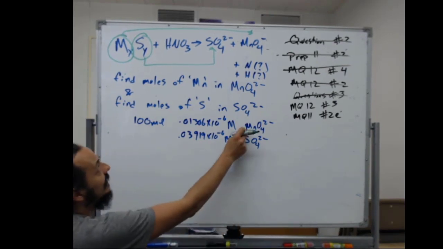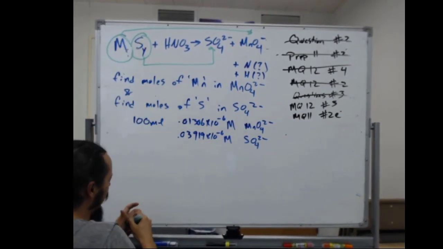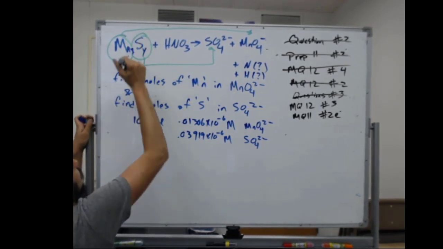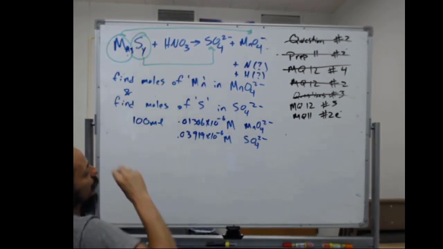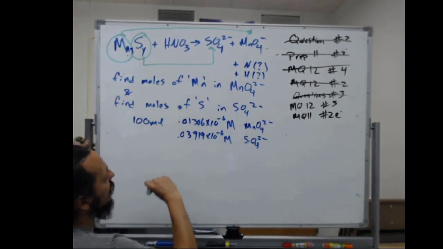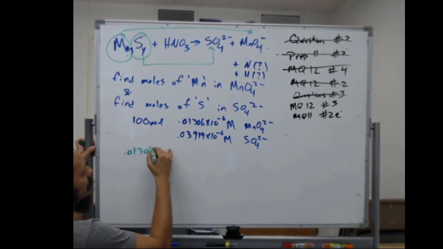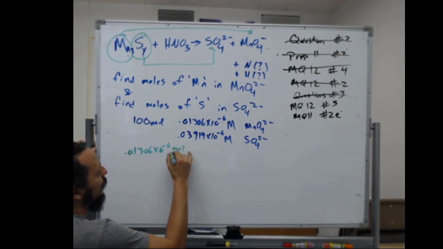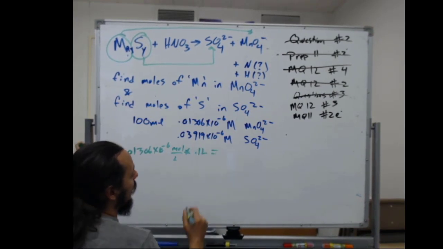So if I find the moles of manganese here, that's going to be the moles of manganese there. If I find the moles of sulfur here, that's going to be the moles of sulfur there. So we're going to have 0.01306 times 10 to the minus 6 moles per liter times 0.1 liters.